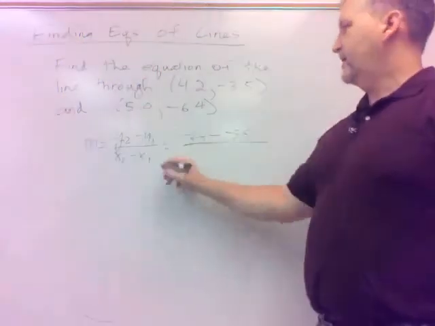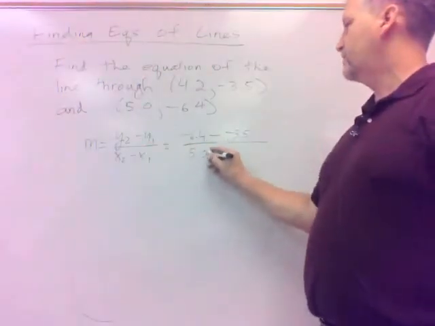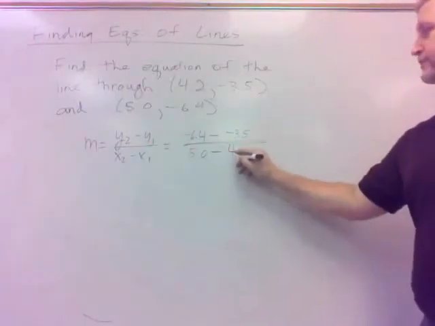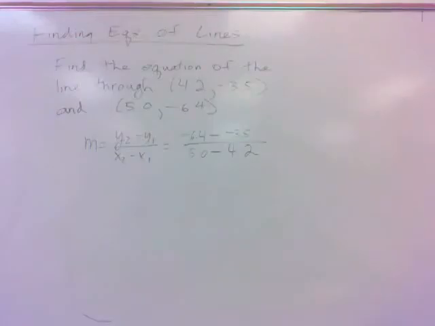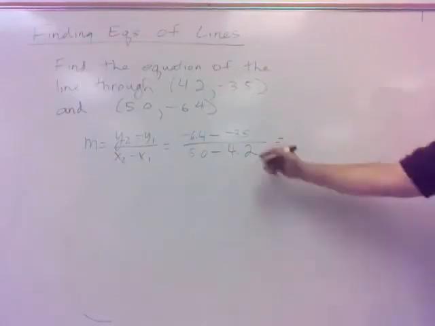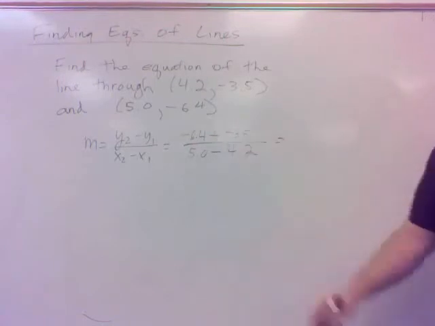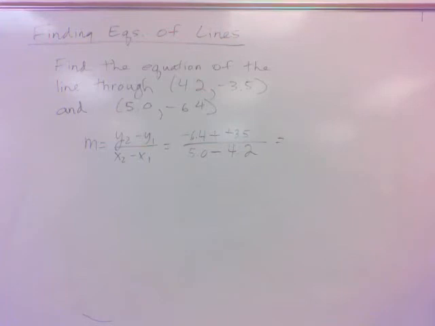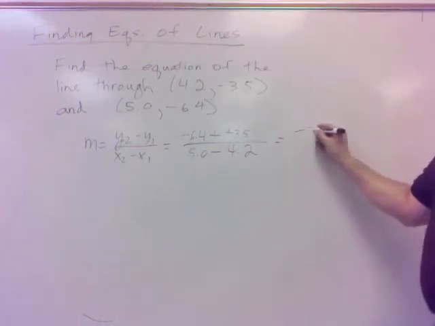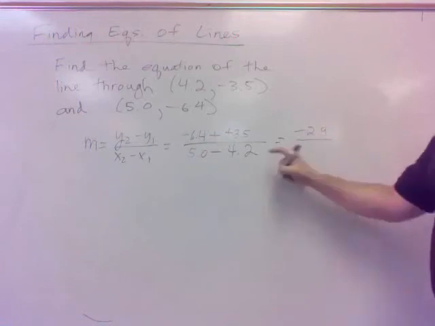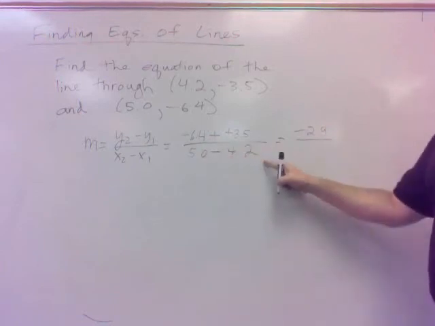Then the second x is 5.0 minus the first x, 4.2. What does that wind up being? Well, on the top I do have the negative minus thing, so that's positive 3.5. So it's negative 6.4 plus 3.5. What's that? Negative 2.9. And then the bottom is 0.8.